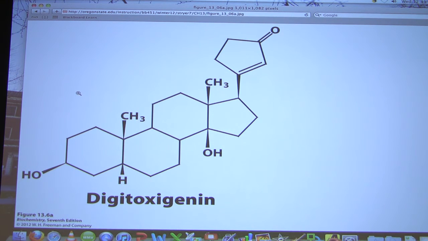Because what it does is it blocks the action of the sodium-potassium ATPase, the sodium-potassium transporter, the thing that was keeping our cells happy so they don't blow up. This guy's a poison, but it actually has medicinal uses in small quantities. And I want to tell you one of those medicinal uses that's really interesting if you're interested in how the heart works.